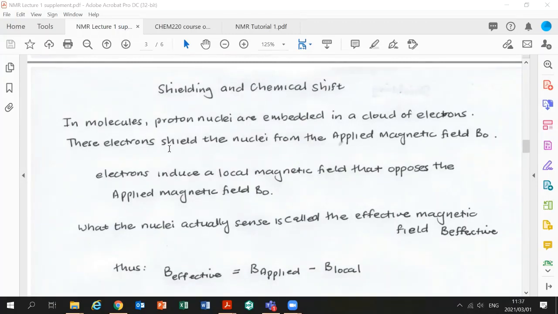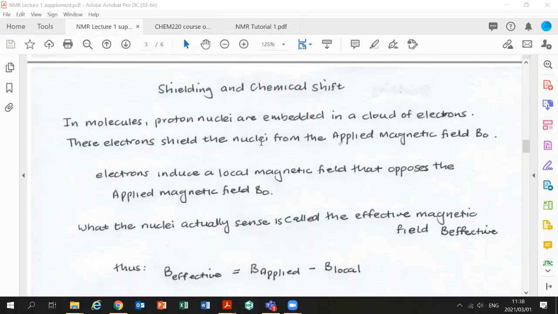So what do I mean by shielding the nuclei from the applied magnetic field? If you are playing cricket, you're wearing cricket pads. When you get hit with a ball on your cricket pad, that pad shields your leg from that cricket ball, which is hard, right?